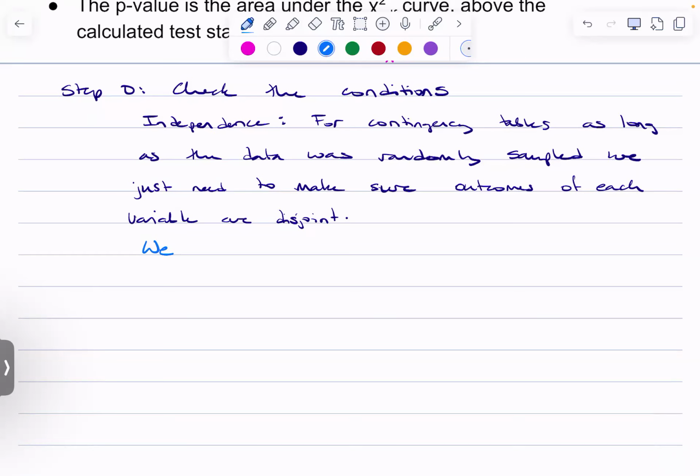We just say, hey, I'm going to assume that this was randomly sampled. And so we assume students were randomly sampled. All of the outcomes are disjoint.